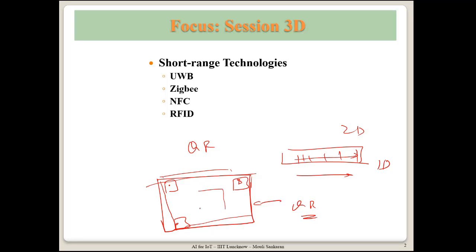And then there are some lines which are meant for synchronization, because when it is reading, we need to have information about the horizontal and vertical direction. The surface on which the QR code is pasted may be a curved surface, or it may not be in the proper direction from the QR code reader, a phone or whatever camera is facing it.